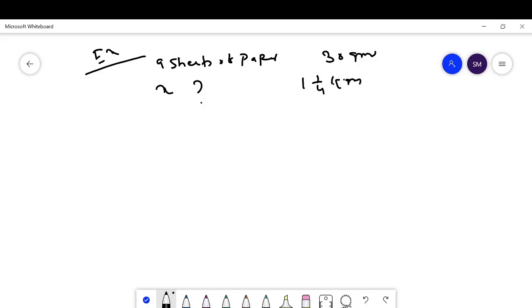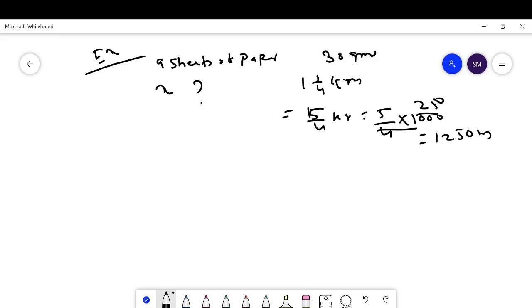At first convert the kilogram into grams. This is 5 upon 4 kg. Then convert it into grams, multiply by 1000. Then this is 1250 grams.